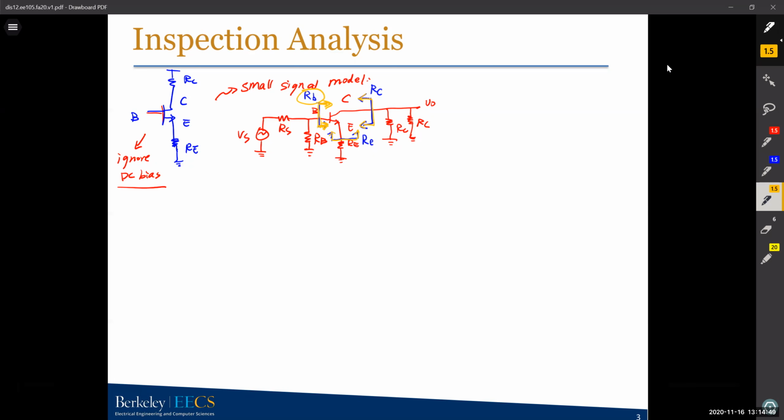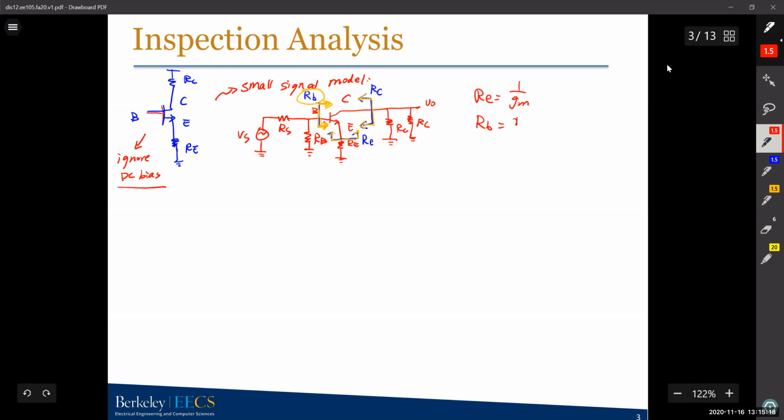They're just equivalent. The definition is R small e is 1 over Gm. Actually, there's some small part in the RE, but I just ignored it. If you don't want to remember the full expressions, you can just think it's 1 over Gm. This is R small e. Remember that. And R small b is R pi plus beta plus 1 times R capital E, the resistance connected to your emitter.